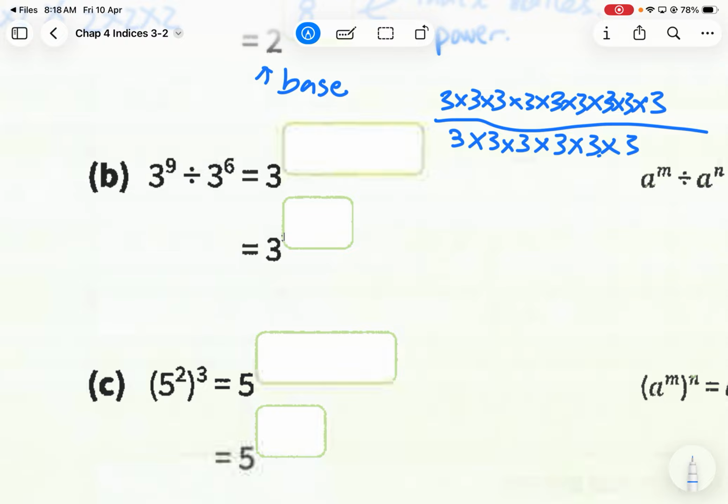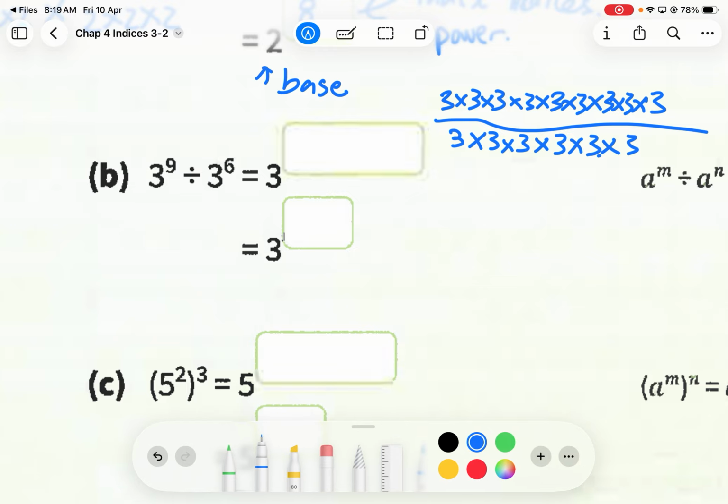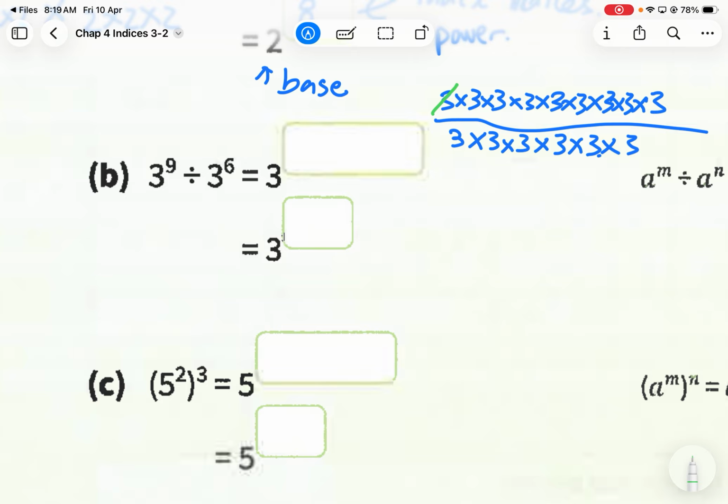So when we have multiplication like that, I hope you all remember your primary school fractions. We can cancel, cancel, cancel. So if I have 6 at the bottom, 6 from the top will cancel away. Then from 9, I will be left with 3.